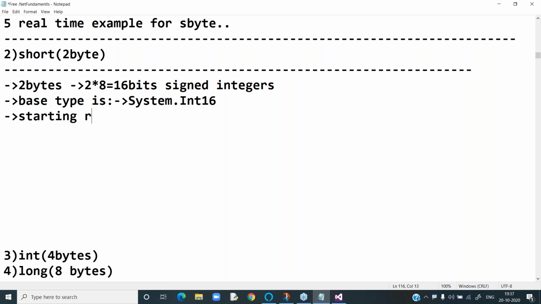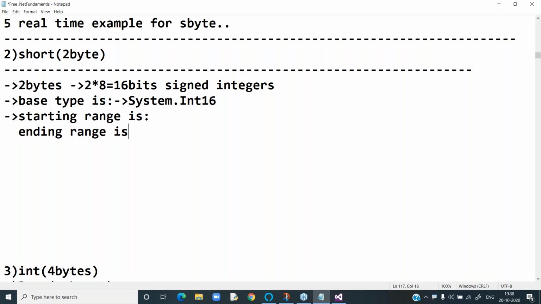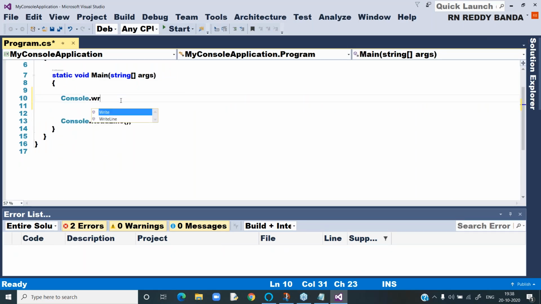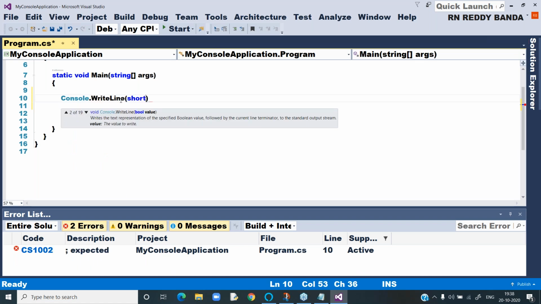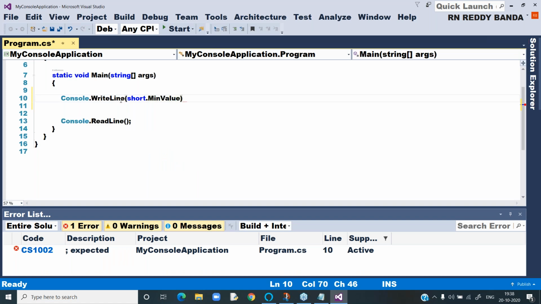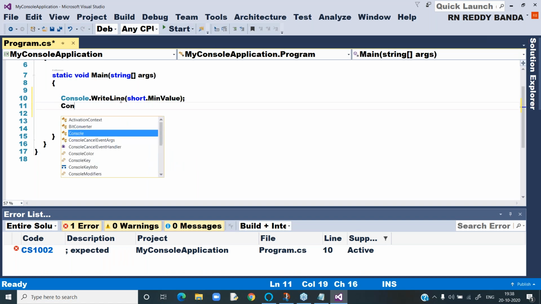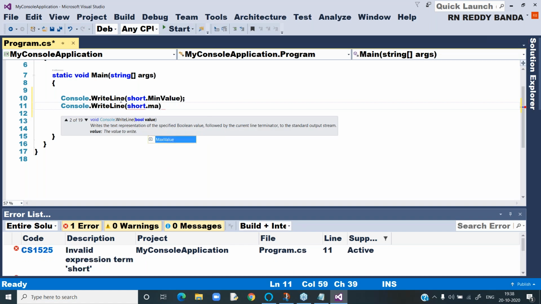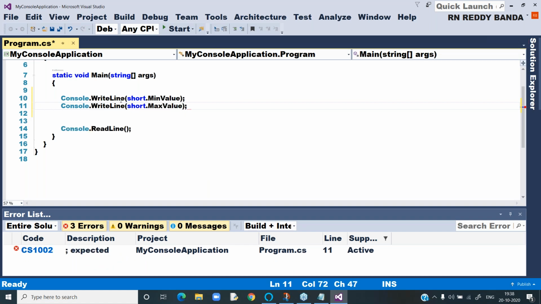Next, the starting range and the ending range. Console.WriteLine short min value, console.WriteLine short max value.